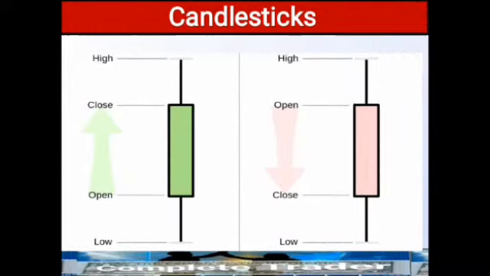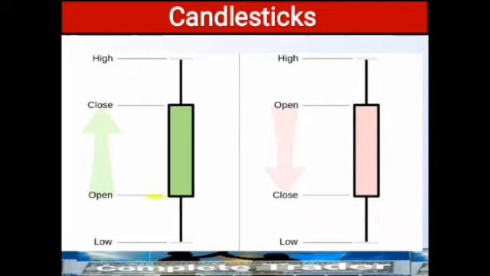So yeah, candlesticks. On the left of your screen, you will see the green candle, and there is an arrow. This arrow right here is pointing upward. This is a bullish candle, while this is a bearish candle.